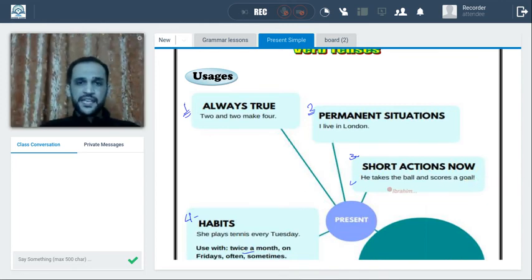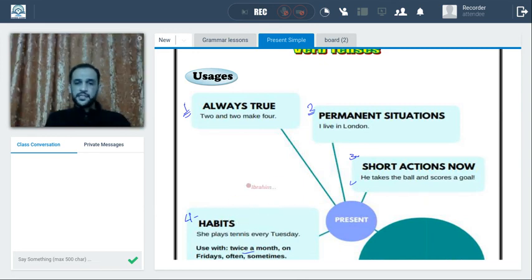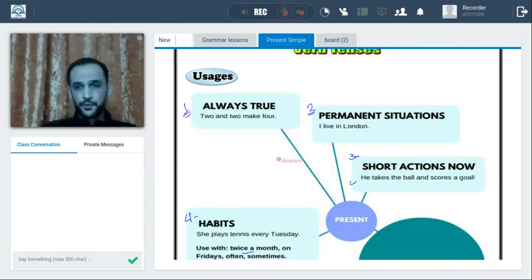And as you know, the present simple is used to express habits. This is when we say, for example, she plays tennis every Tuesday. We can use some adverbs such as twice a month, on Fridays, often, and sometimes.